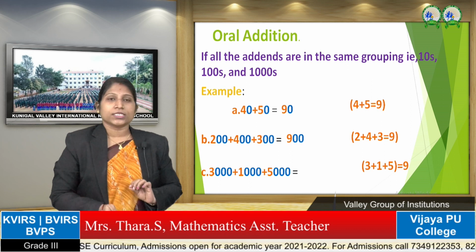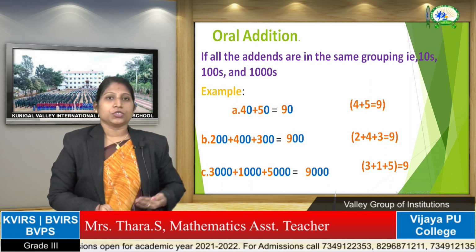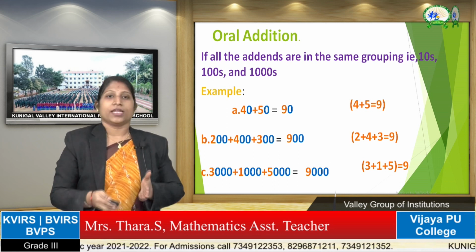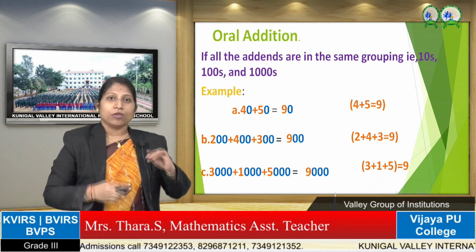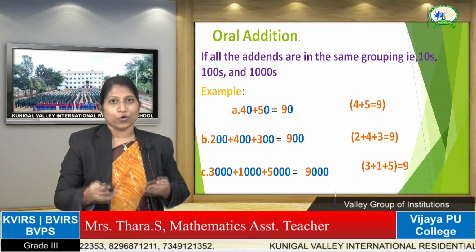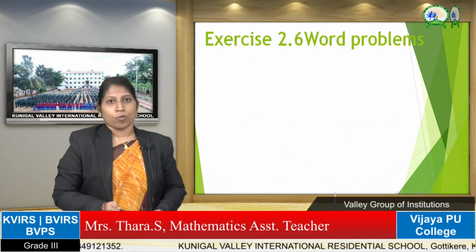So the answer is 9000. This is the way to add orally, that is without arranging the given numerals in a column. By looking only, we can add orally.